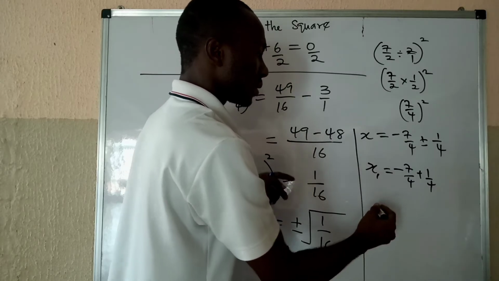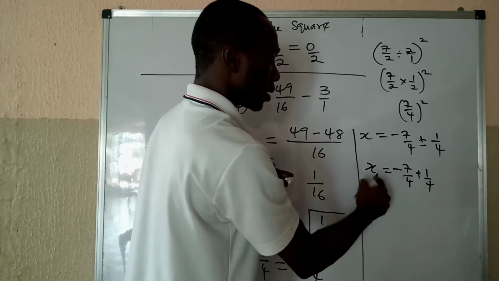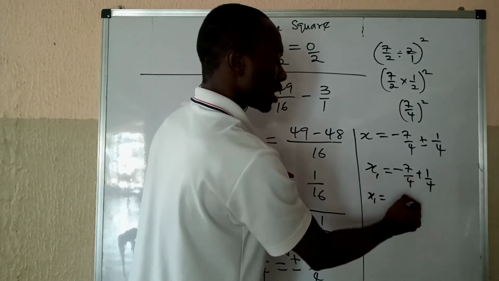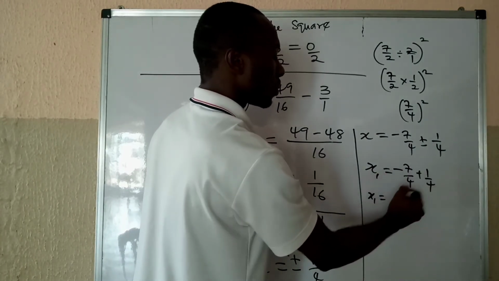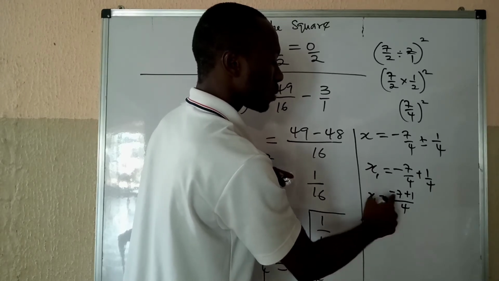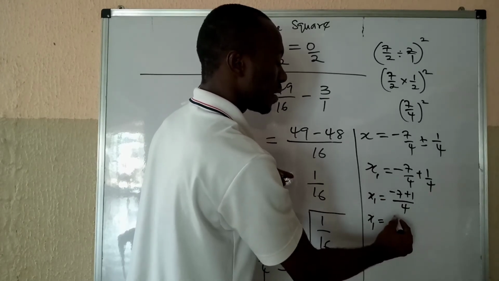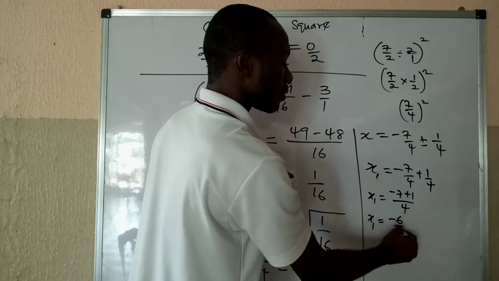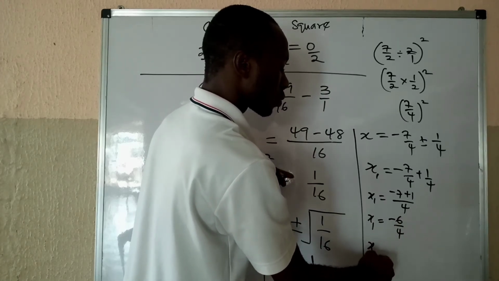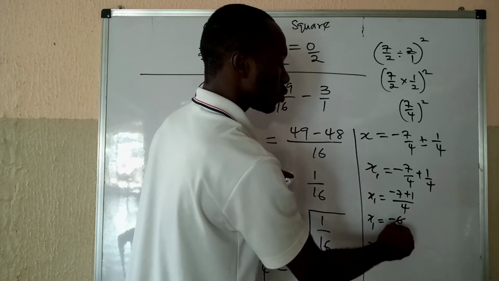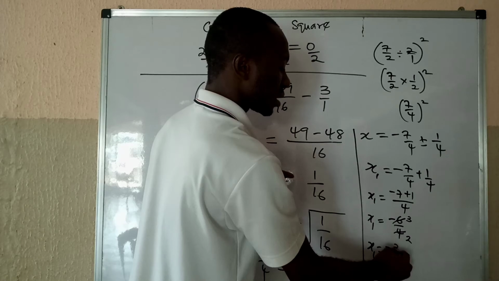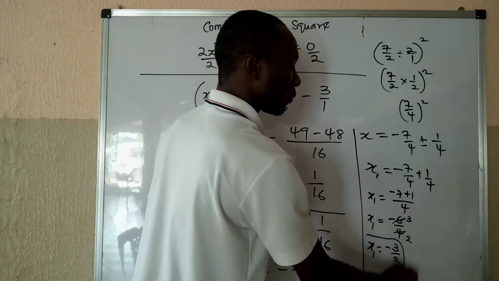Then x2. Let's simplify x1. We have x1 is equal to, the LCM is still 4, minus 7 plus 1, which is simply minus 6 over 4. Dividing 6 by 2 gives 3, and dividing 4 by 2 gives 2, so we have minus 3 over 2 as our first root.